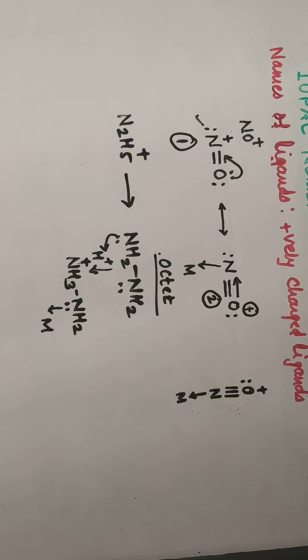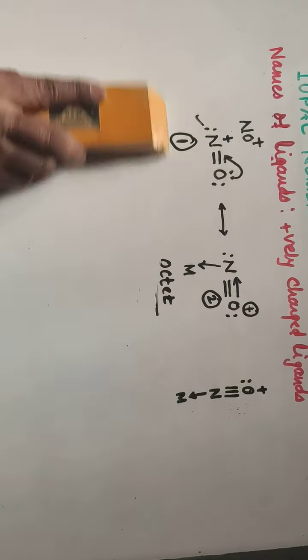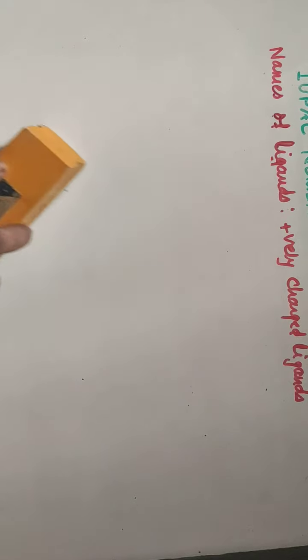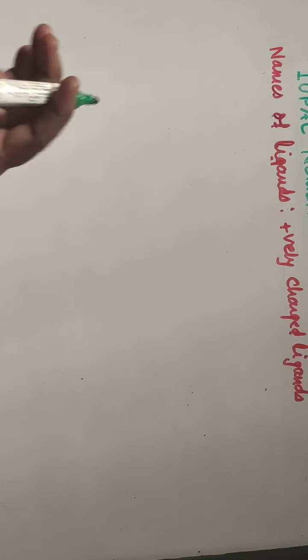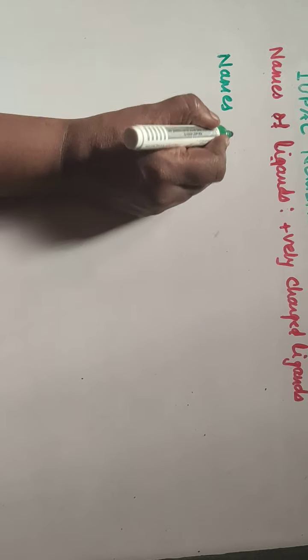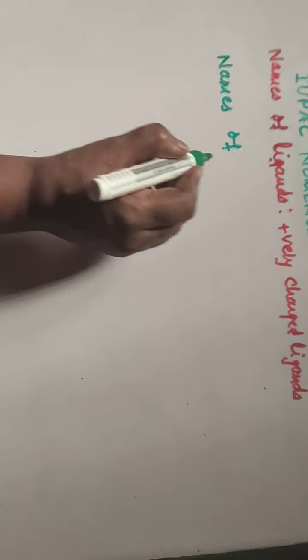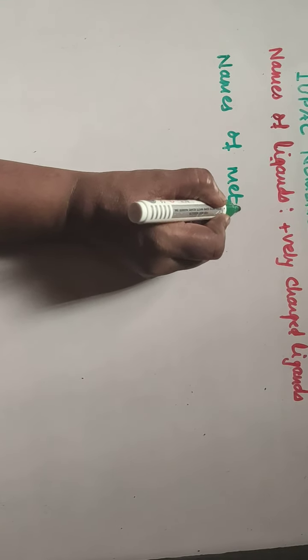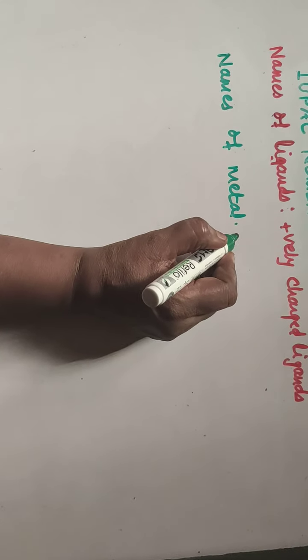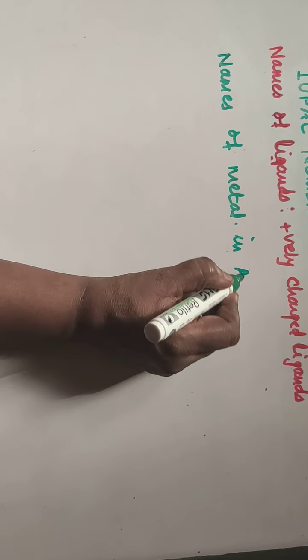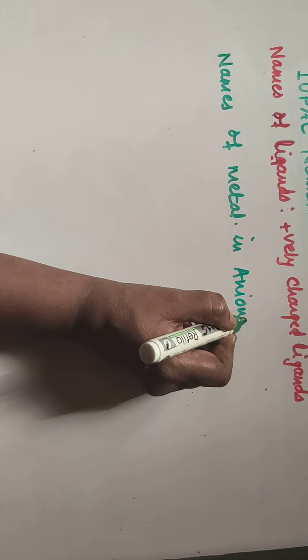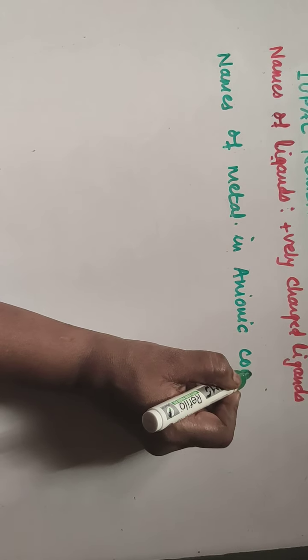So next we'll see the names of metal atoms, or central metal, in anionic complex or negatively charged complex.